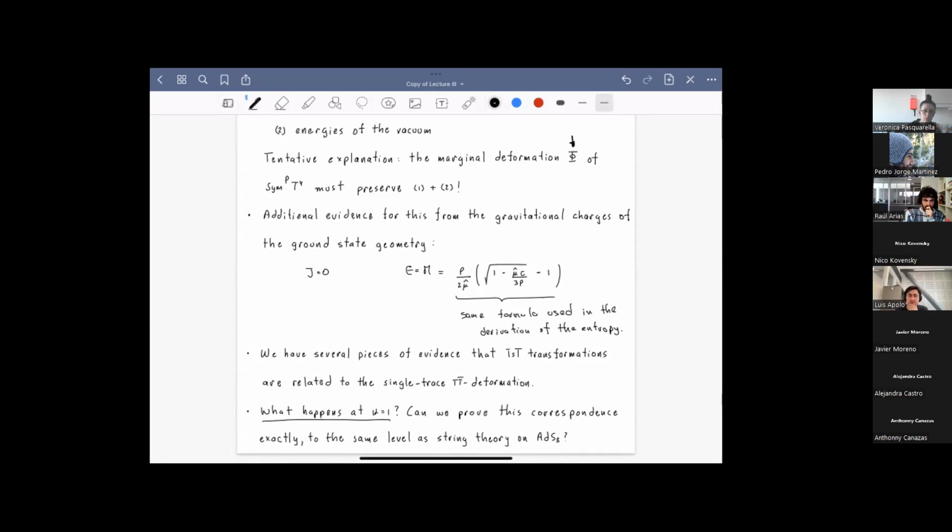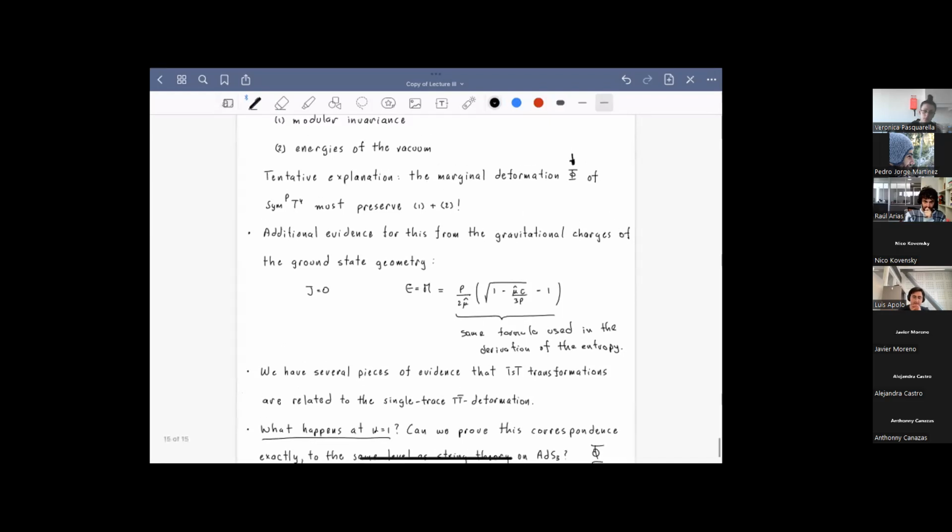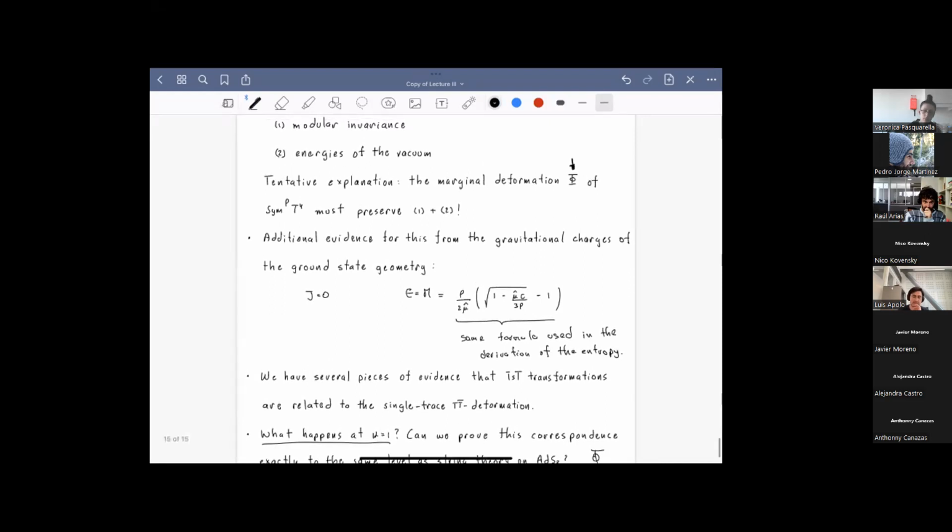And if so, then we might be able to, for example, have at least perturbative hints of what this marginal operator has to be that takes us away from the symmetric orbifold point, and whether it satisfies the conditions that are conjectured up here, namely modular invariance, and whether it leaves the energies of the vacuum unchanged.